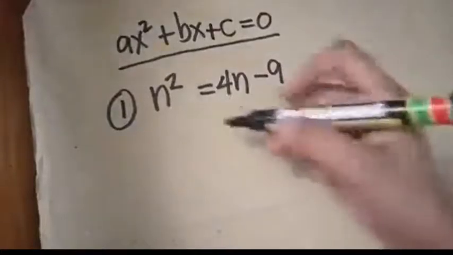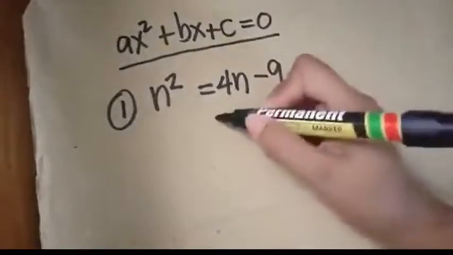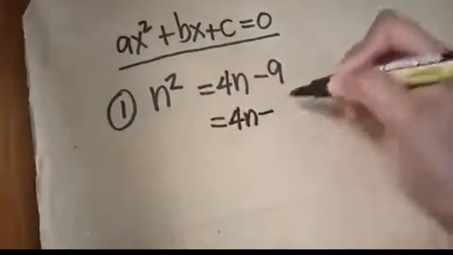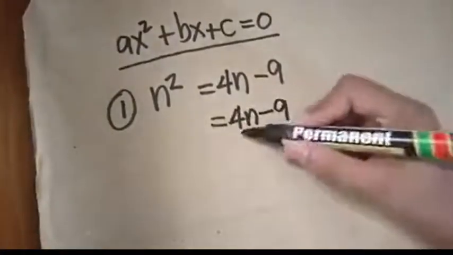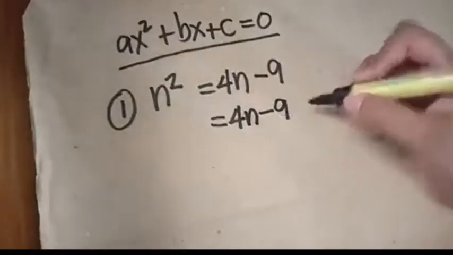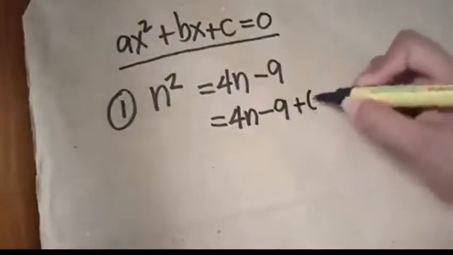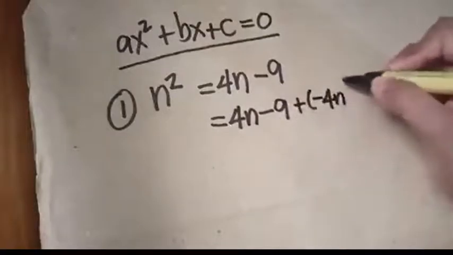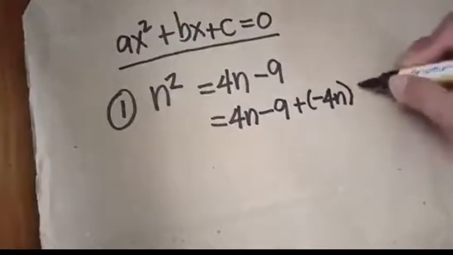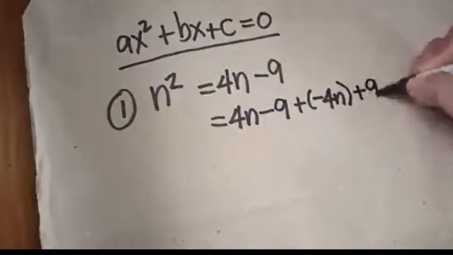Okay, so isa-isahin natin. So, let us have 4n minus 9. So, anong i-add natin sa 4n para maging equal sa 0? We need to add negative 4n. How about negative 9? We need to add positive 9. Okay?